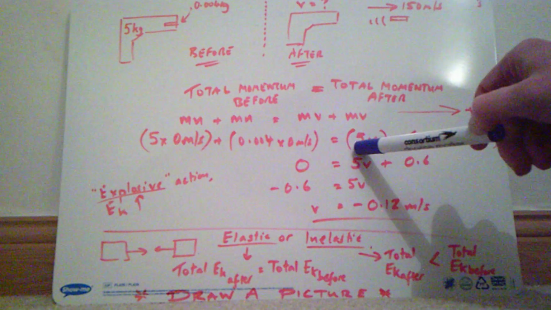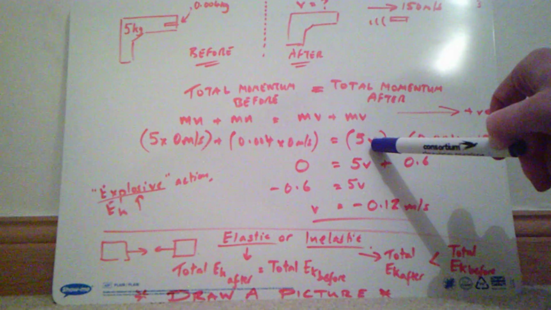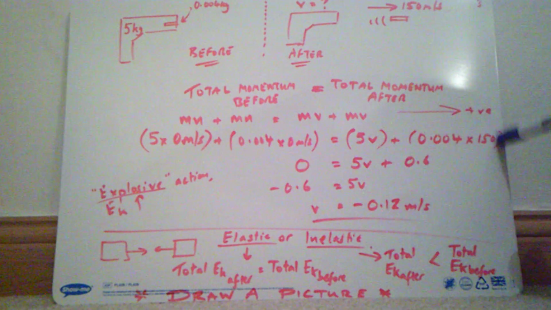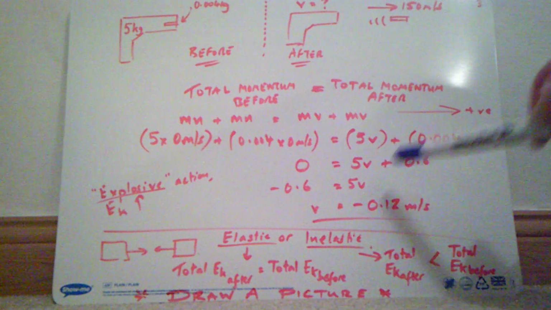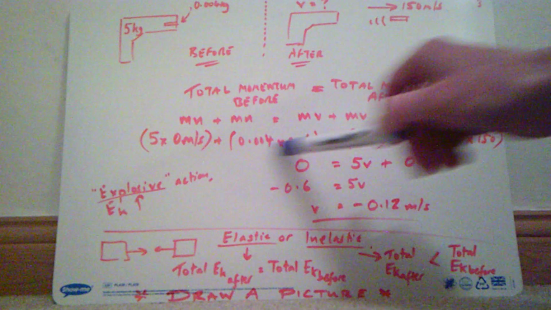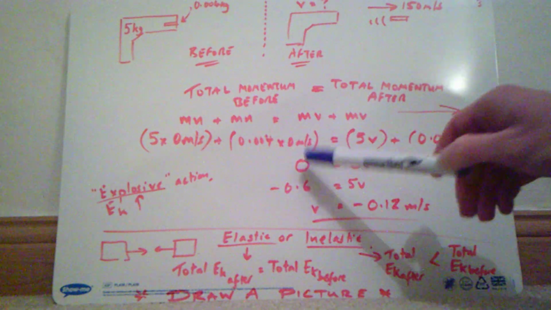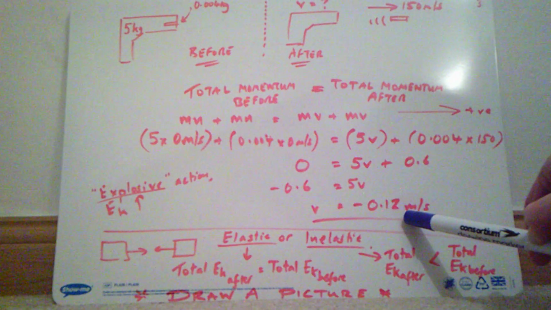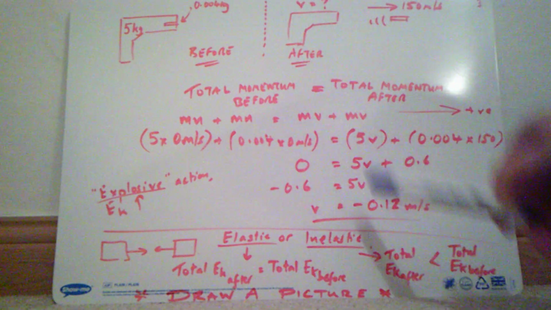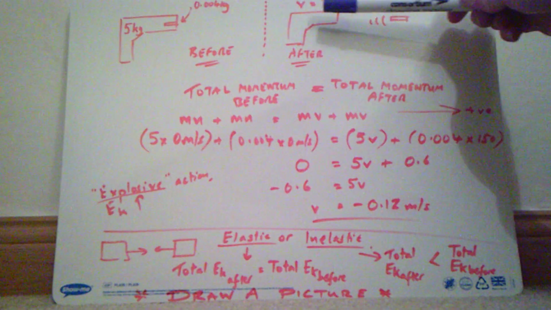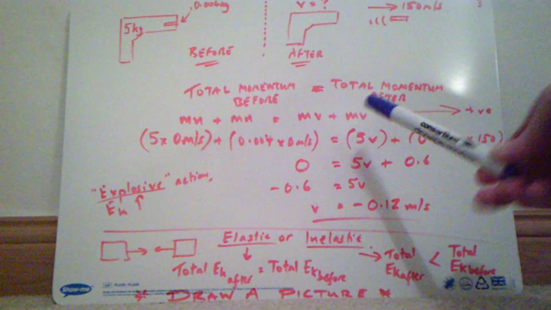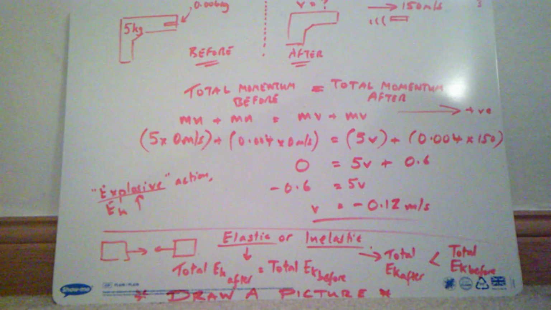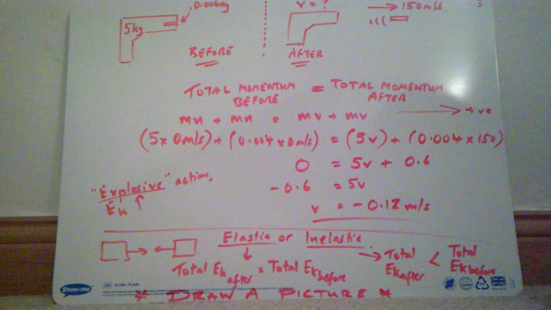Mass of the gun stays as 5, the final speed is v, we don't know what that is, and the mass of the bullet is 0.004 and the speed is 150 meters per second. This on the left comes to 0, this on the right is simplified to that, and if you solve that, v, the velocity of the gun, turns out to be negative 1.6, which just means it kicks back in the negative direction. Remember, you've said that going to the right is positive, so this tells you it kicks back in the negative direction.